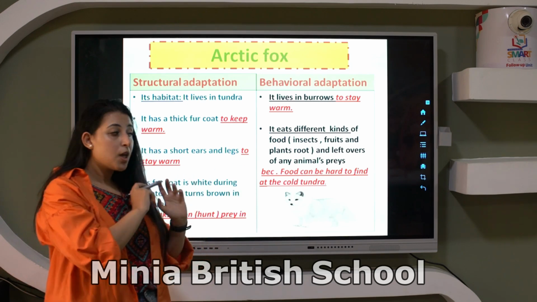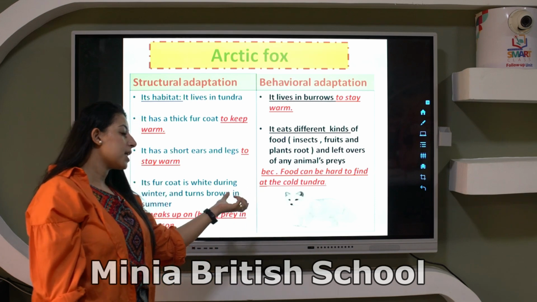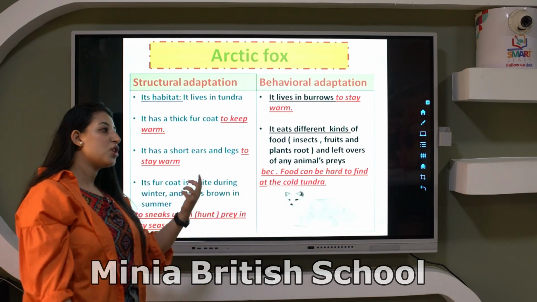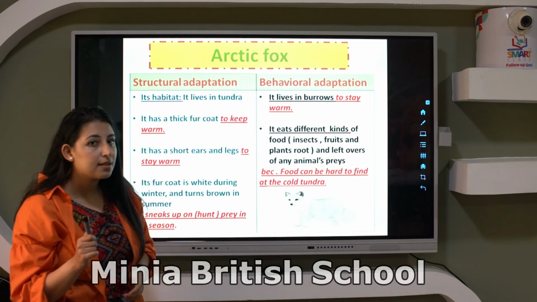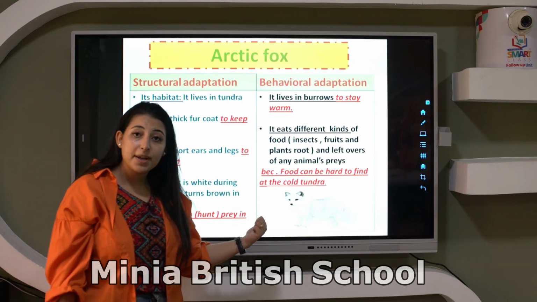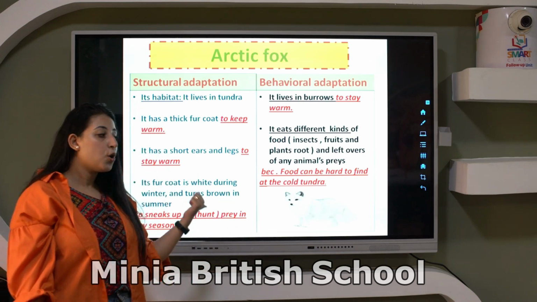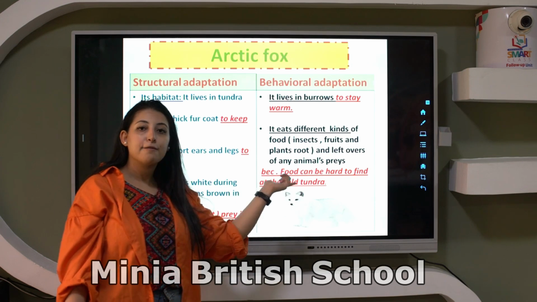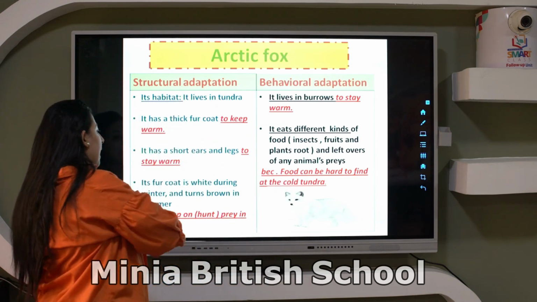Because of the sun. Also, the fur of the Arctic fox changes into brown in summer and changes again into white in winter. It's also a structural adaptation. Can it do it by itself? No, only God controls this feature. Only God can change the fur color of the Arctic fox, so it's related to structural adaptation.